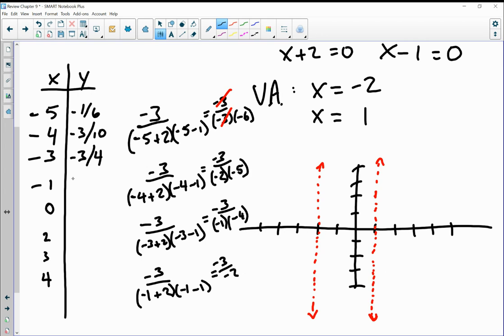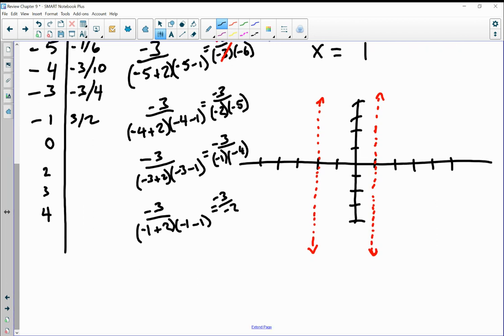That's a positive 3/2. 0, 0 plus 2, and then 0 minus 1, -3 over 2 times -1 is -2, so that's a positive 3 over 2.